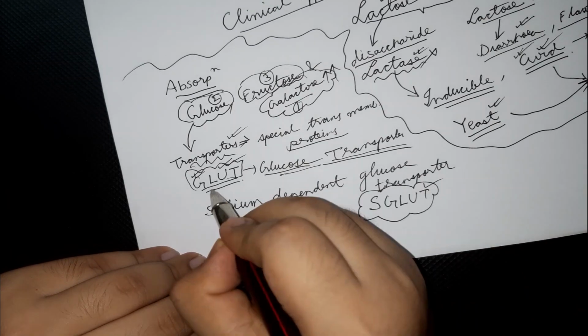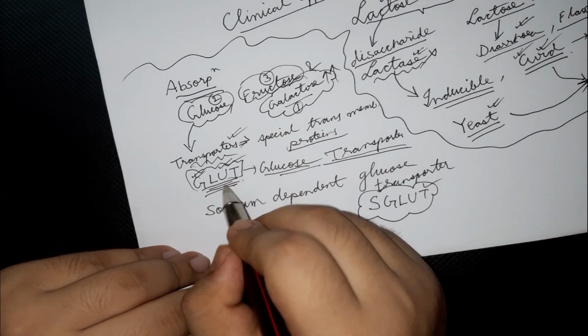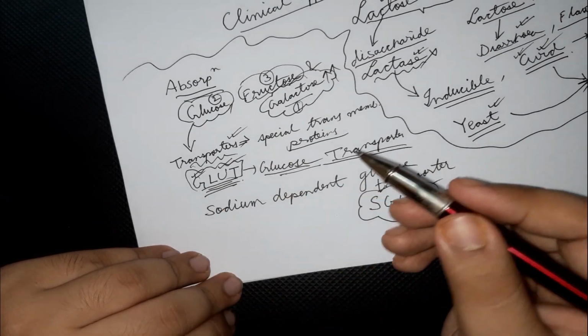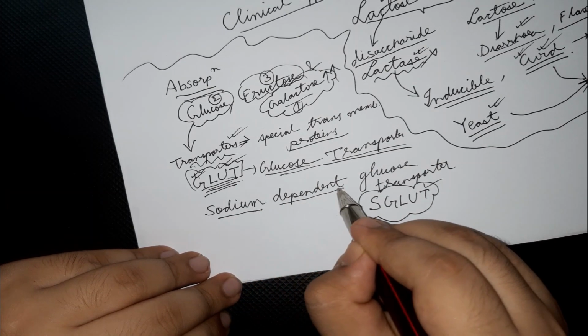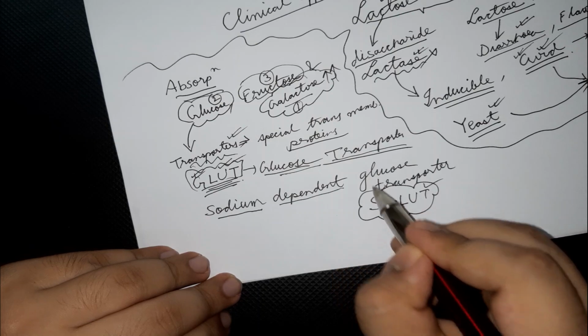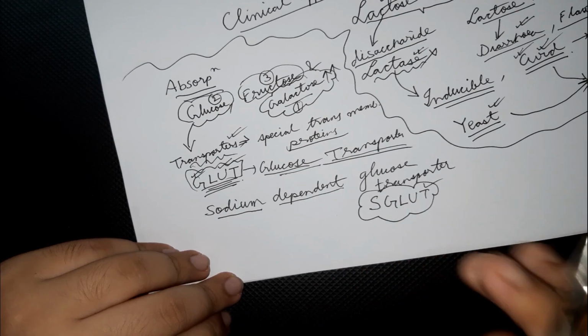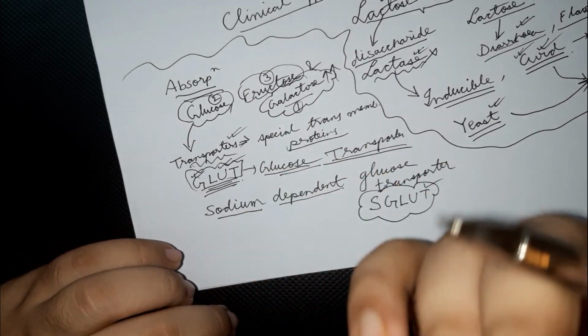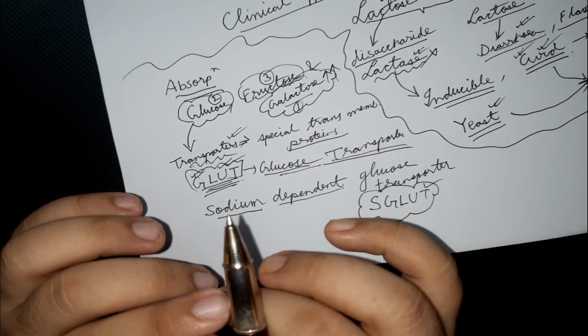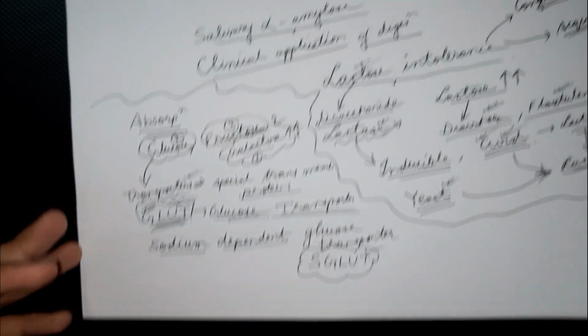So we have GLUT, which are the normal glucose transporters, and we also have these special sodium dependent glucose transporters, or S-GLUT. What are these S-GLUT? What are these GLUT? What is the thing behind them? Let's talk about that. Okay.